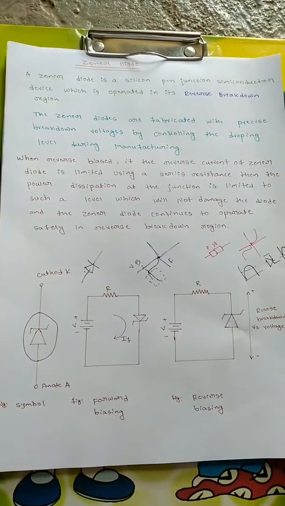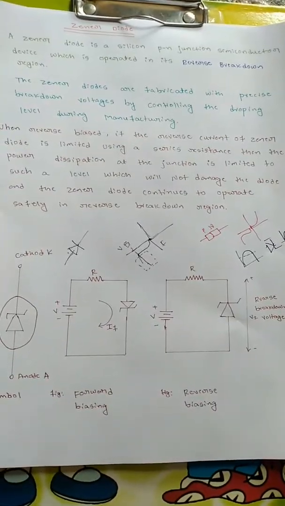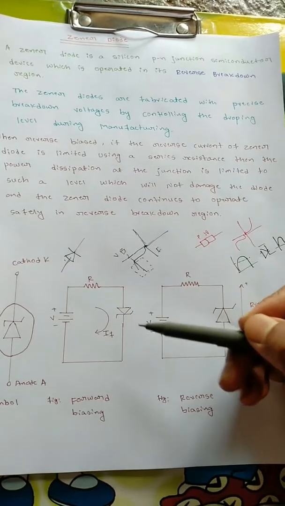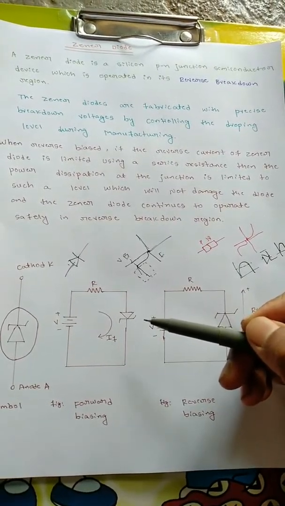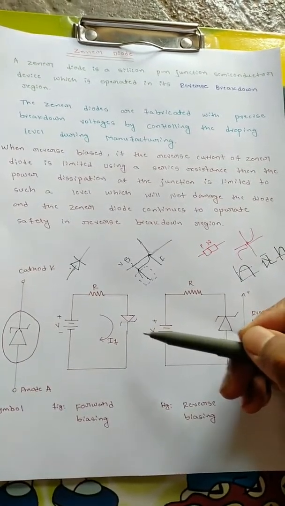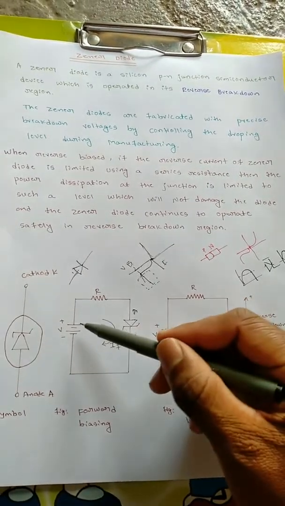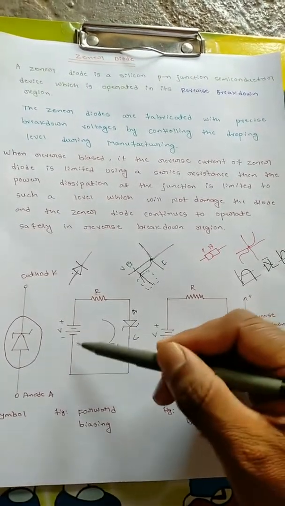Now coming to forward biasing. In forward bias, the positive terminal is connected to the anode and the negative terminal is connected to the cathode. This one is the anode and this is the cathode.